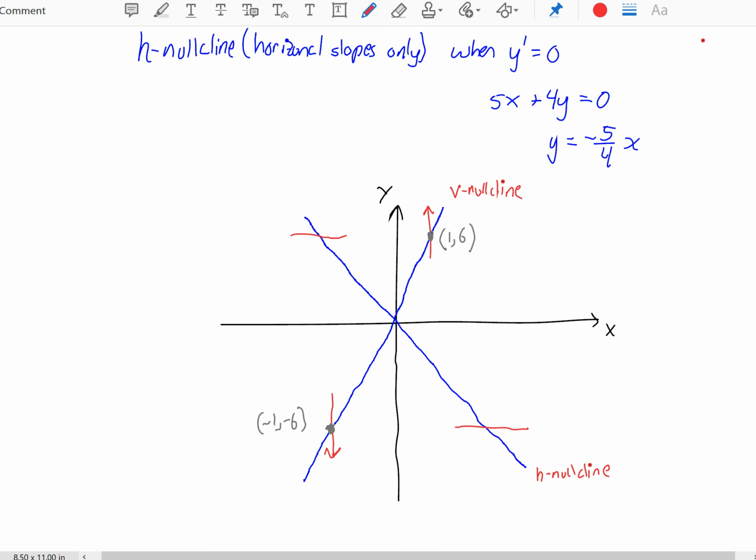Now you might notice that these directions are opposite from 1, 6. That will always be true. When one nullcline crosses the other, the directions of movements always switch. That tells you technically all you had to pick is the ordered pair 1, 6, and then the other point, -1, -6, had to be going in the other direction.